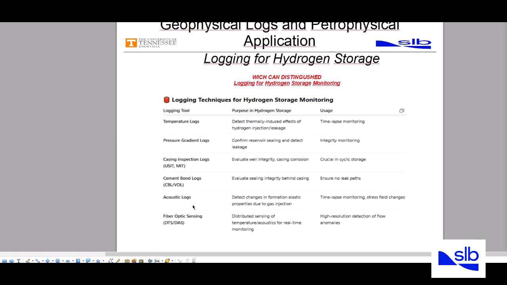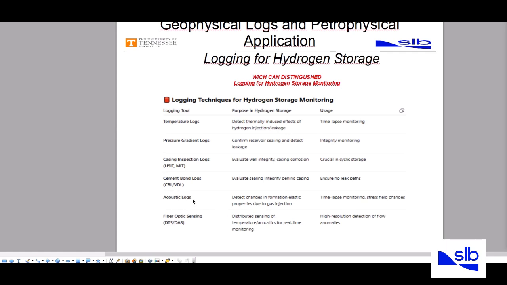So these are the principal log techniques used in this case. Fiber optic sensing is distributed sensing of temperature and acoustics for real-time monitoring. It's clear that in this case we typically detect changes in formation elastic properties.